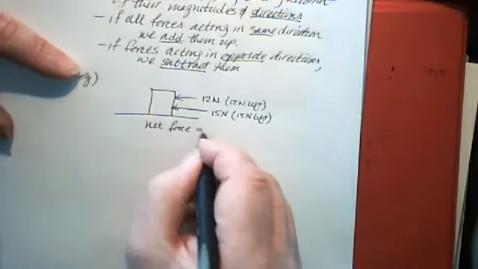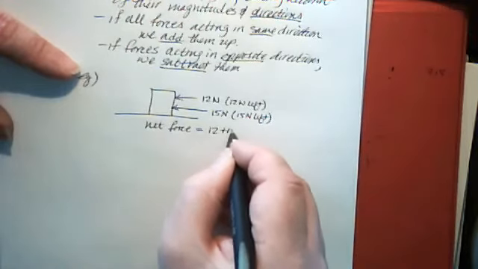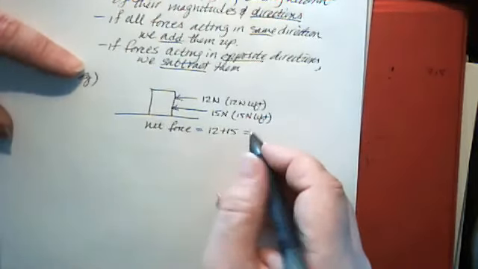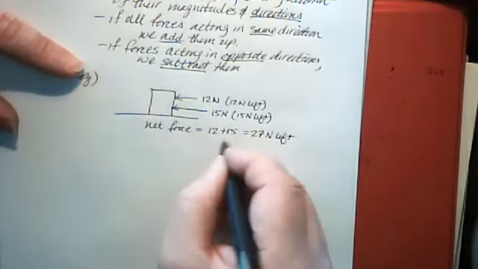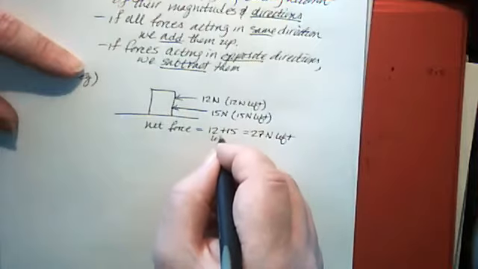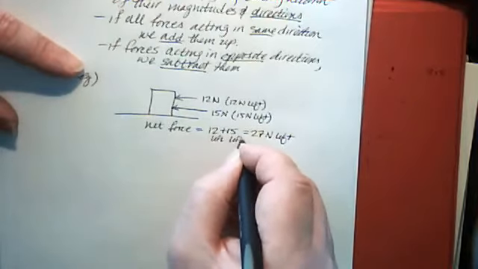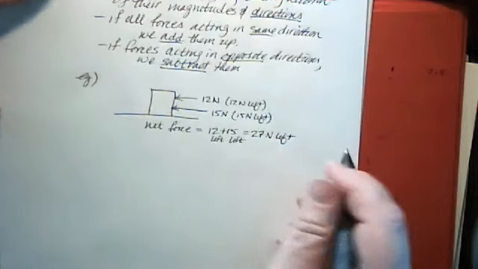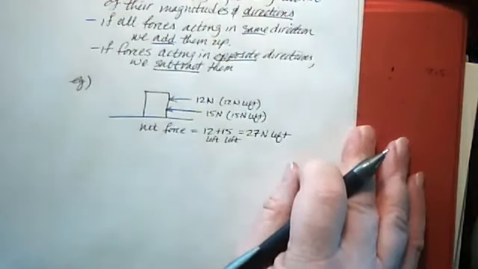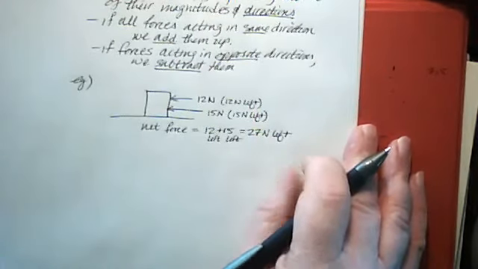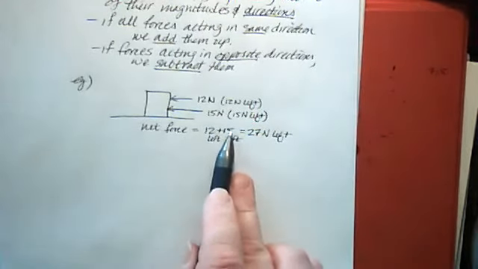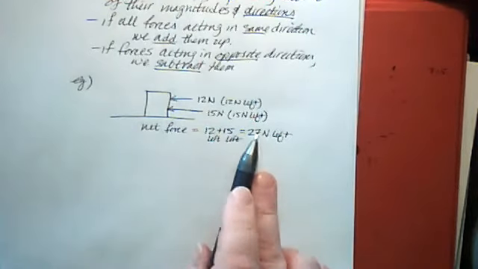The net force would be 12 plus 15 equals 27 newtons left. Or if we were using mathematical signs, that would be considered to be -12 plus -15, which would equal -27, because things that go to the left are usually considered negative.